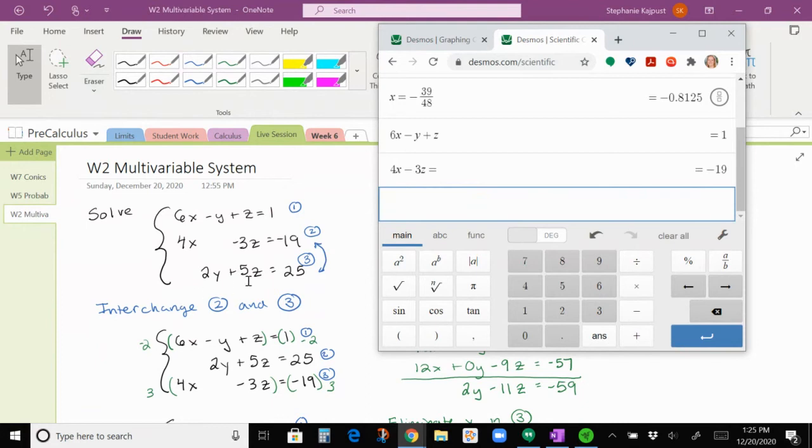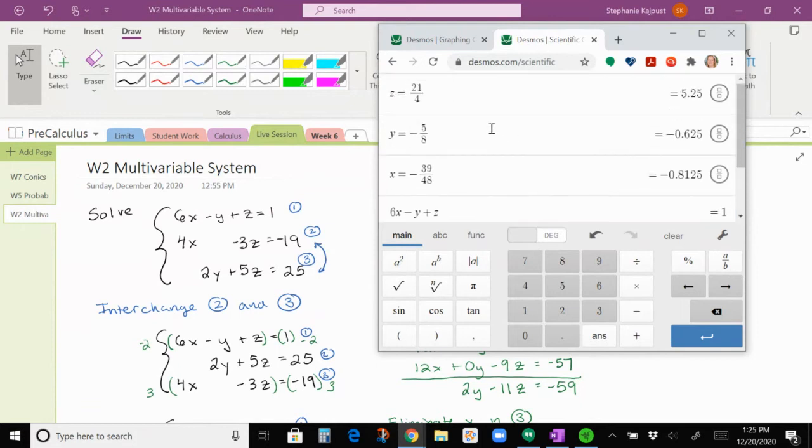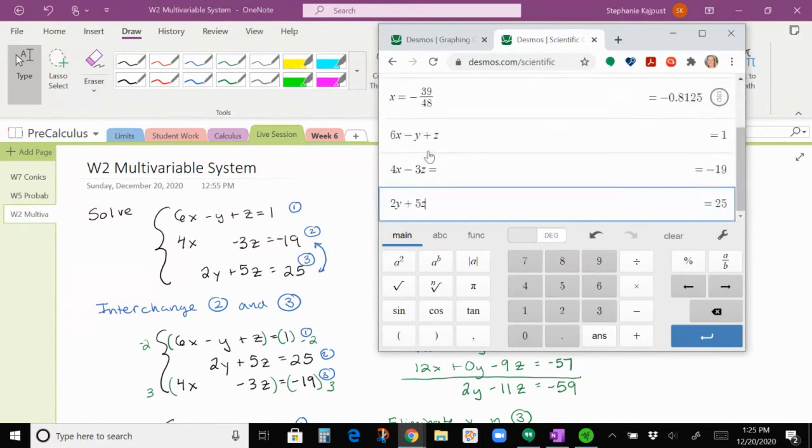And then the last equation, 2y plus 5z, gives us 25. So that works. If you use the scientific calculator, you can put in your x, y, and z, then put in just the left side and see if it comes out to the right side. If it does, that tells you that you solved it correctly. If it doesn't, you need to start looking backwards at your work to see if you made a mistake.